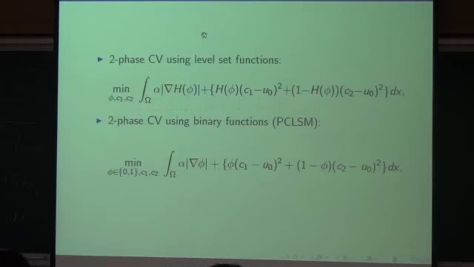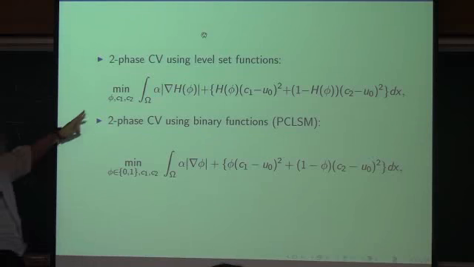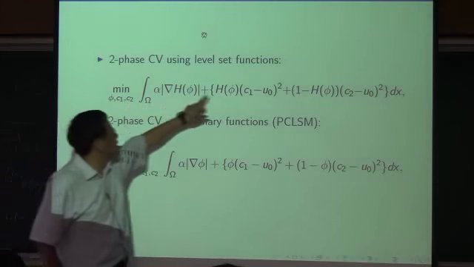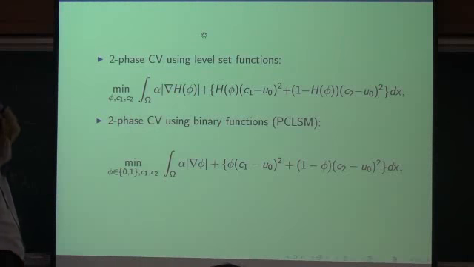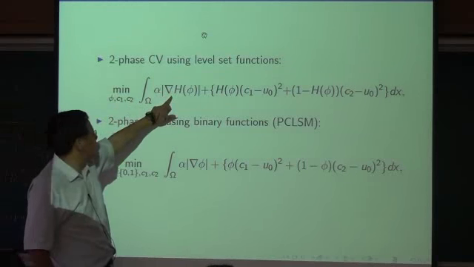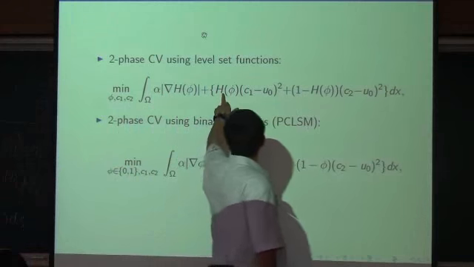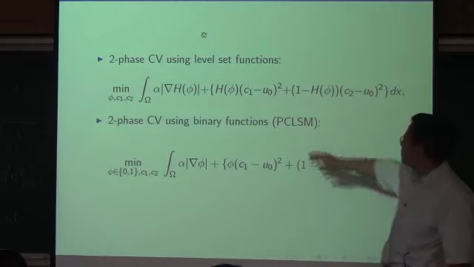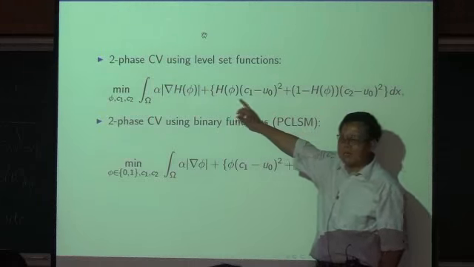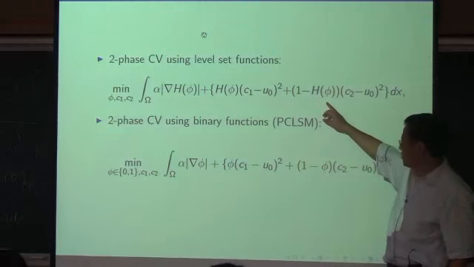So how do you do graph cut? In the two-phase case, if you use the level set, you put the level set here and C1, C2. There's another way. This is a characteristic function for region 1, and this is a characteristic function for region 2.